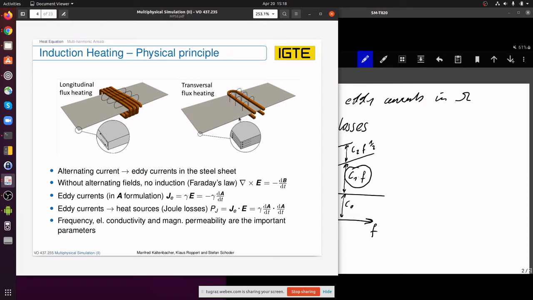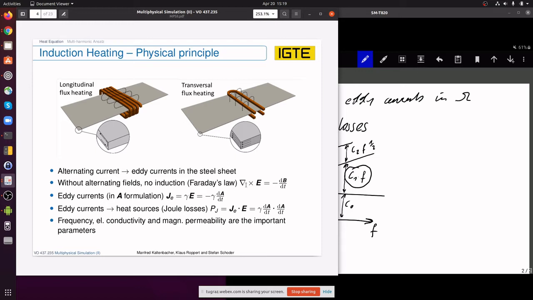For the longitudinal flux heating, the eddy currents change direction in thickness direction of the sheet, and that's a crucial point, because if the frequency is not high enough, the eddy currents cancel each other out. Only if the frequency is high enough that the skin penetration depth of the eddy currents is way smaller than the thickness of the sheet, then you can heat an object with longitudinal flux heating.